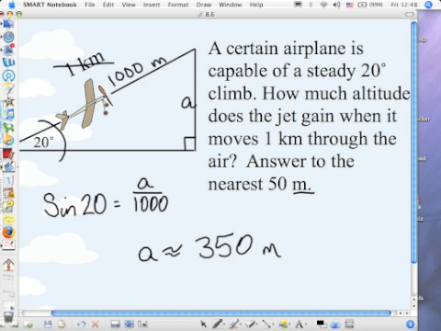And you make a fancy runway, but you don't take into consideration how much distance it's going to take before an airplane gets enough feet above the ground to clear the mountain. So it's very important to know how much distance is required for the airplane to be high enough that it doesn't crash into the side of a mountain.